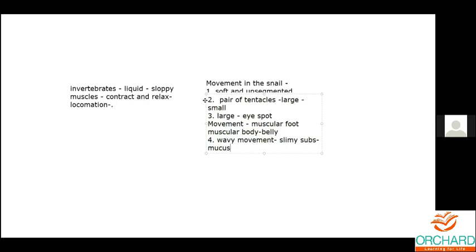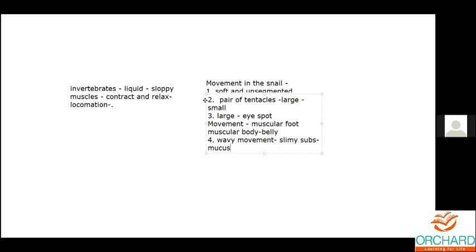Similarly, this mucus layer is present in the snail, and they produce a jelly-like substance to avoid friction, because they are moving with the help of the muscular body.